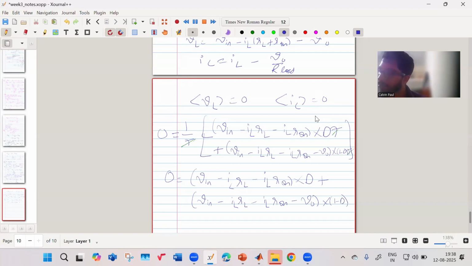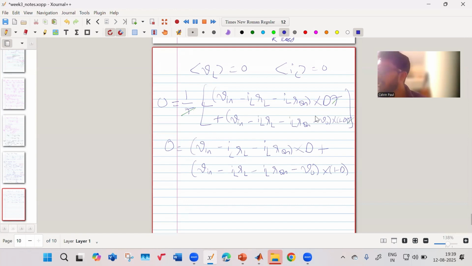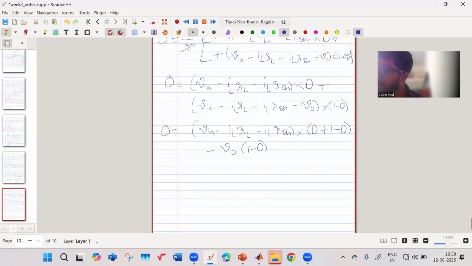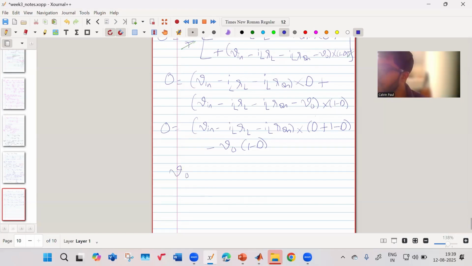Right? So now what can we say? If you take (Vin minus IL RL minus IL R-on) common, this will be D plus 1 minus D, minus V output into (1 minus D). So V output into (1 minus D) is equal to Vin minus IL RL minus IL R-on.